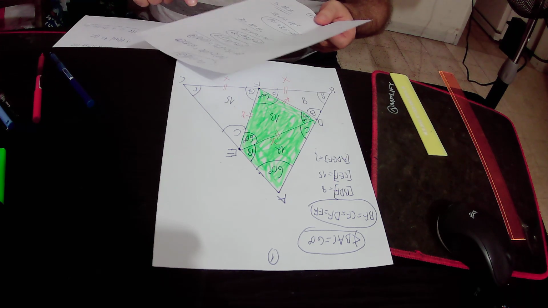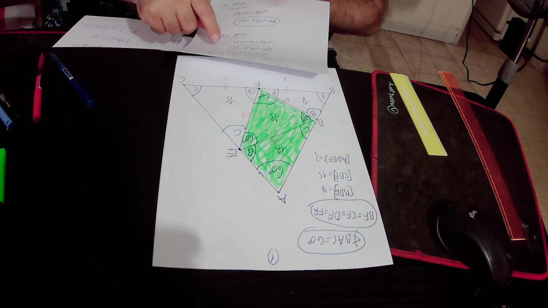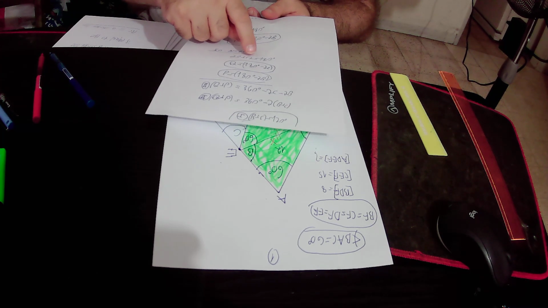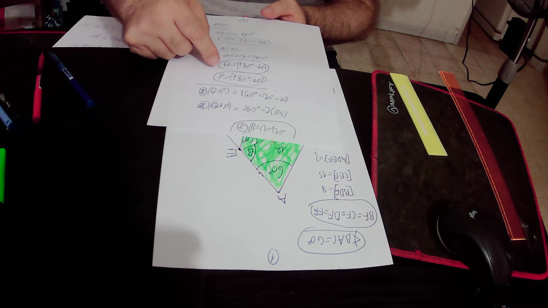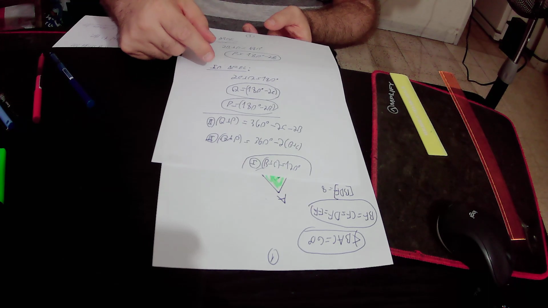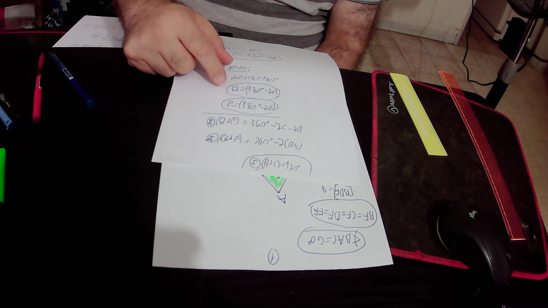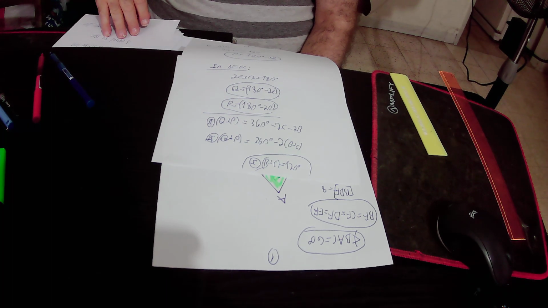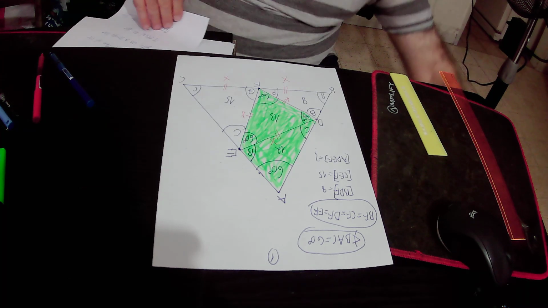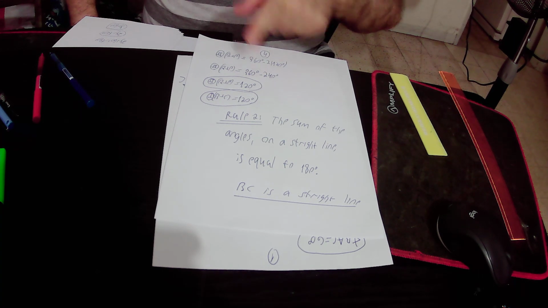So we will get that Q equals 180 degrees minus 2C, and we have already found out that P equals 180 degrees minus 2B, so we add Q to P, and we found out that Q plus P equals 120 degrees, and we already found out that B plus C equals 120 degrees.